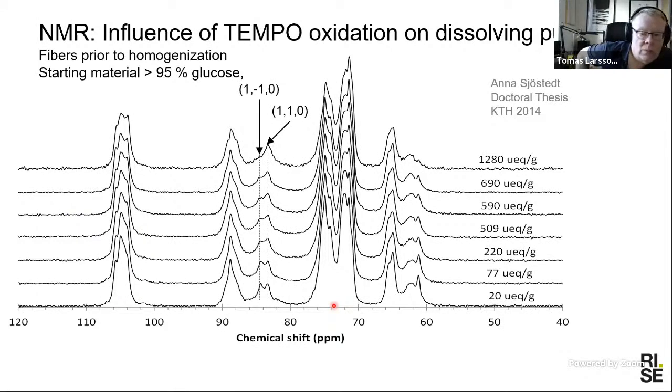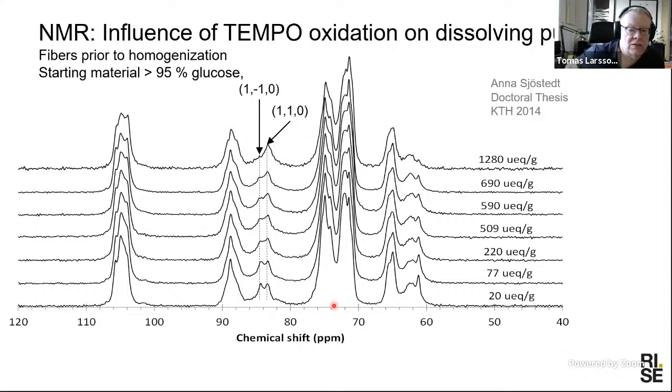I talked about eyeballing, and I think this is a pretty good example of eyeballing spectra. We don't need to do any particularly sophisticated analysis here. These are fibers that have been TEMPO oxidized to different degrees. If the idea is that the TEMPO oxidation mainly affects the surfaces of fibrils, we can basically see that here.